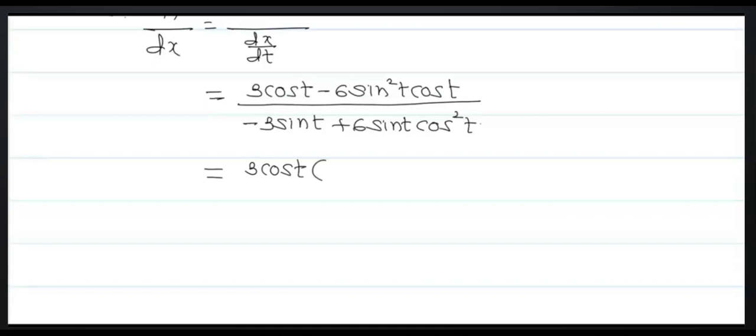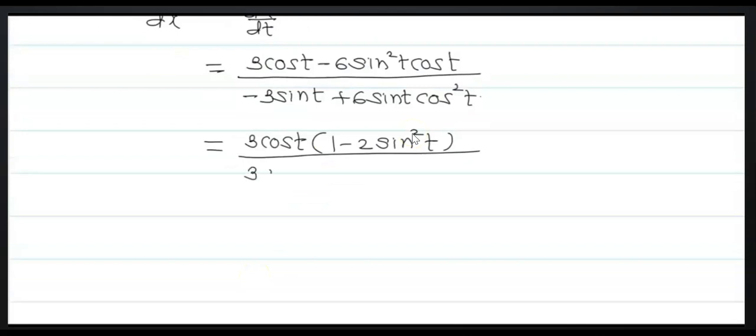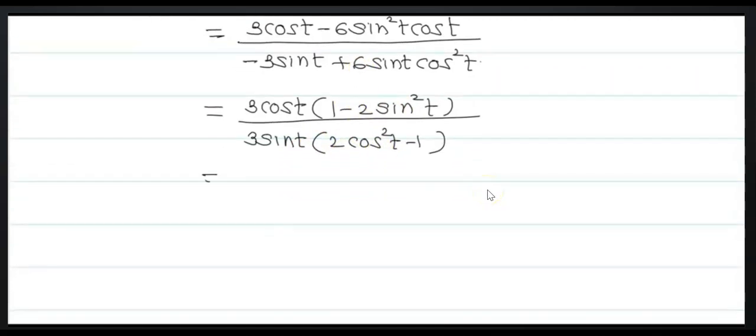Now take the common 3 cos t, then in bracket you will get 1 minus 2 sin square t upon, take minus 3 sin t as a common or 3 sin t common, then in bracket you will get 2 cos square t minus 1, 3 get cancelled.